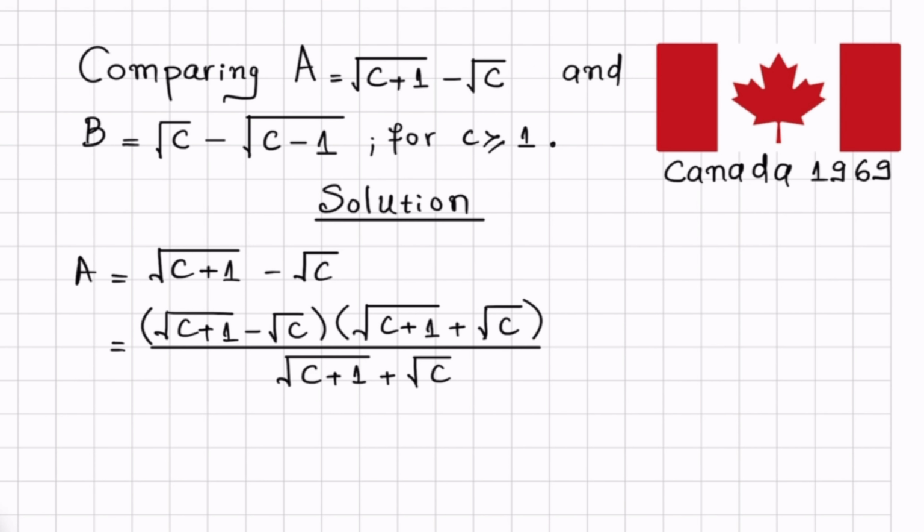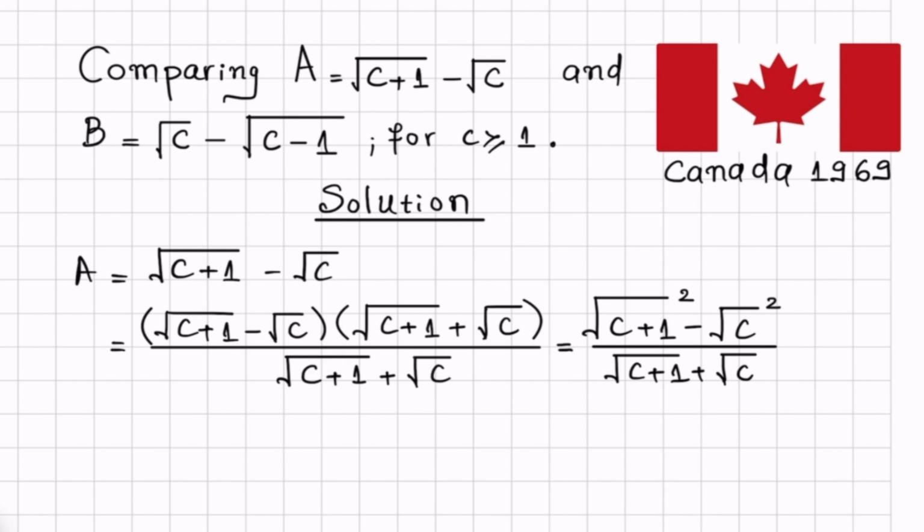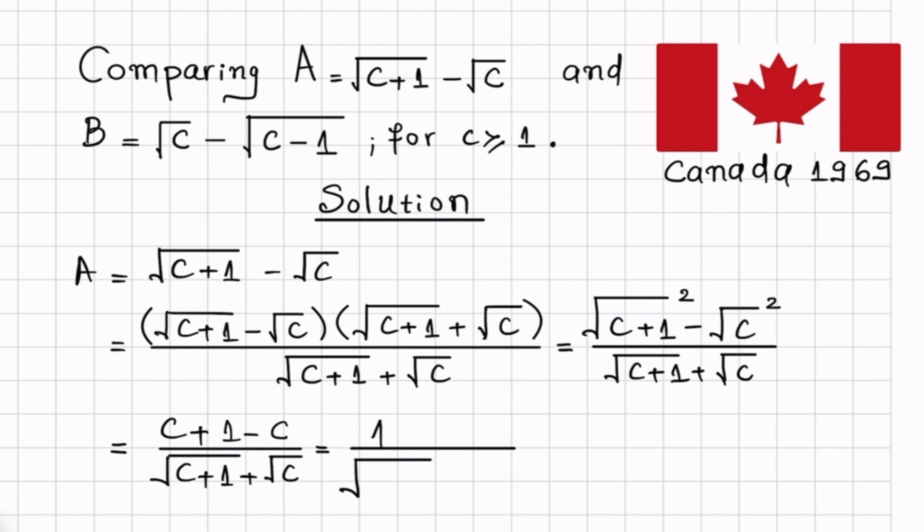Then we get square root of c plus 1 squared minus square root of c squared over square root of c plus 1 plus square root of c. That gives c plus 1 minus c over square root of c plus 1 plus square root of c, and then we get 1 over square root of c plus 1 plus square root of c.